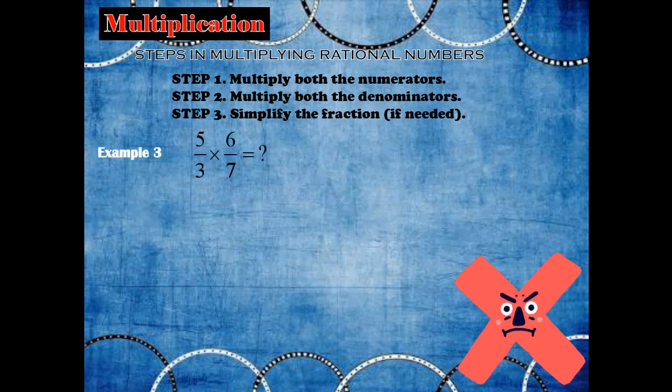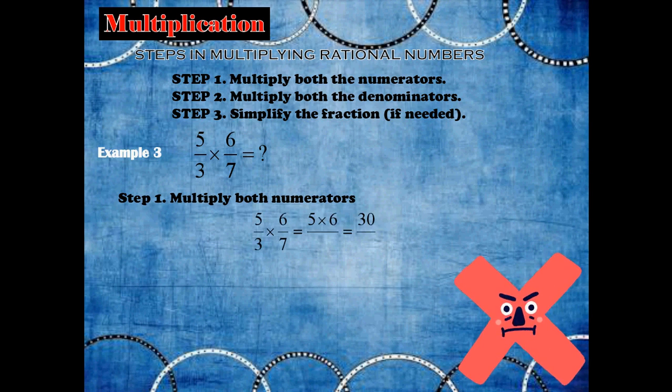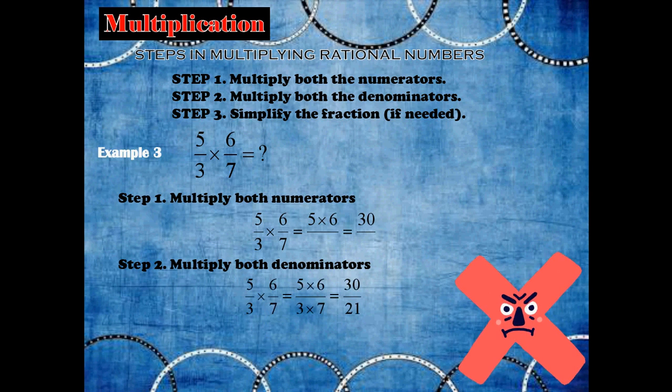So example 3, 5 over 3 times 6 over 7 is equal to what? Step 1, multiply both numerators. So we have 5 times 6 is equal to 30. Step 2, multiply both denominators. So 3 times 7 is equal to 21. And step 3, simplify. We can still simplify 30 over 21.